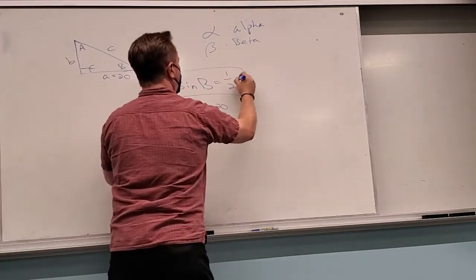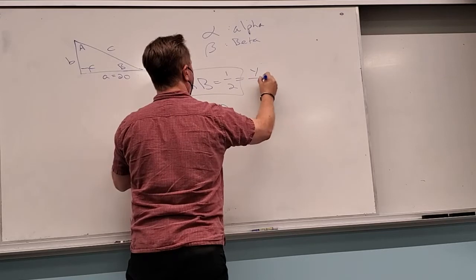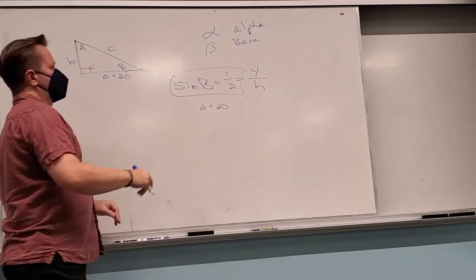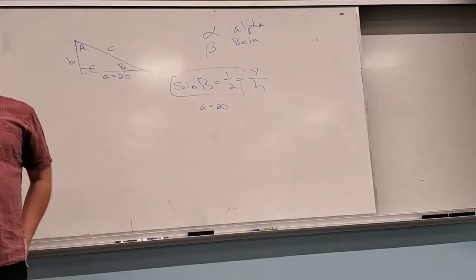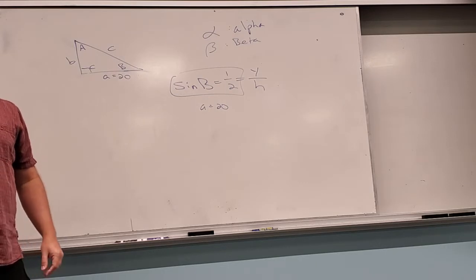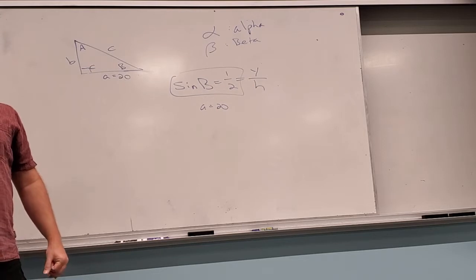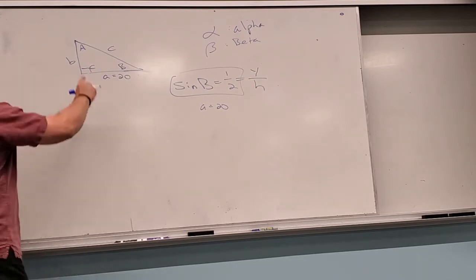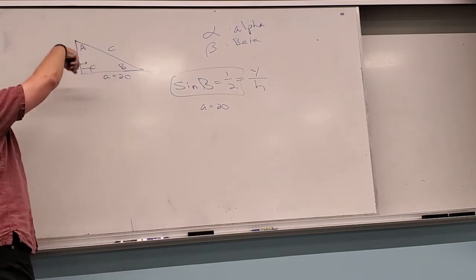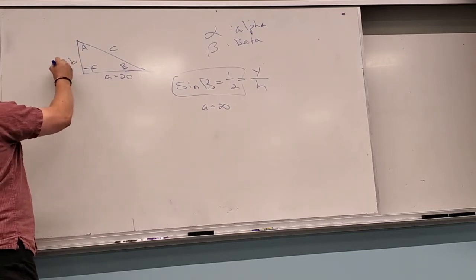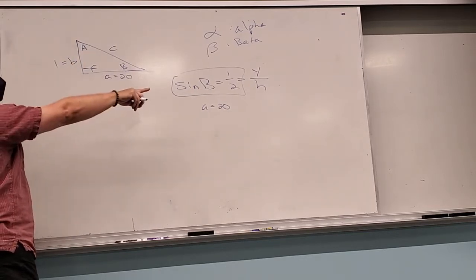So it's the y side over the hypotenuse, right? Can you tell me what side has a length of 1? A, B, or C? B, right? That's the y piece, so that's 1. And what side has a length of 2?